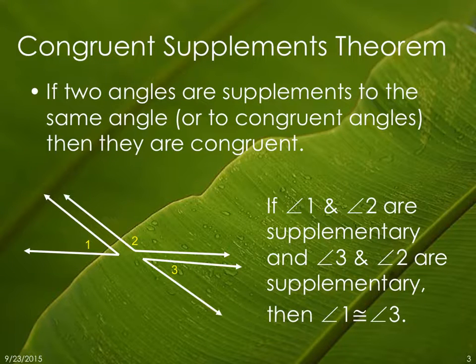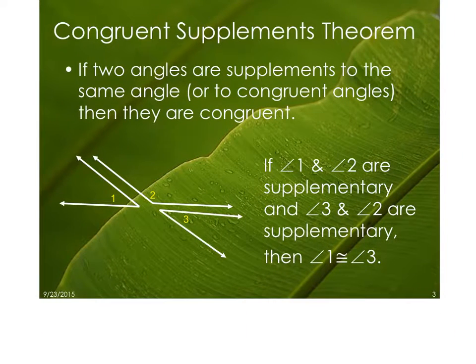Okay, next theorem is going to be the congruent supplements theorem. And here, if two angles are supplements to the same angle or to congruent angles, then they are congruent. So here it's saying if angles 1 and 2 are supplements, so right here and right here, and 2 and 3 are supplements, then angle 1 is congruent to angle 3.